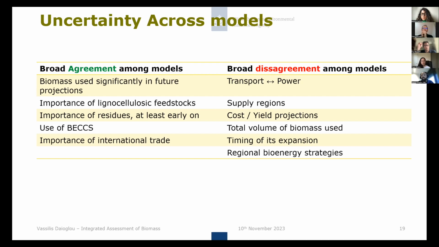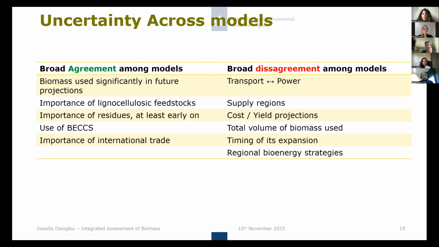They disagree a lot on the supply characteristics. So how much does the biomass cost and how productive are the bioenergy crops? They disagree on the total volume of biomass. And this obviously relates to the yields, the total bioenergy demand, where it's used and things like that.